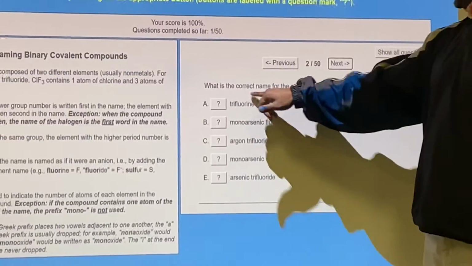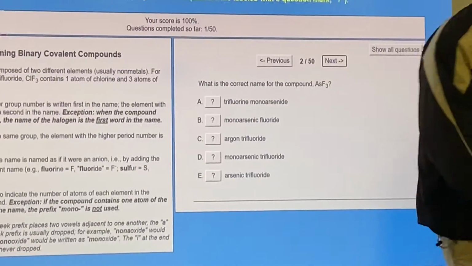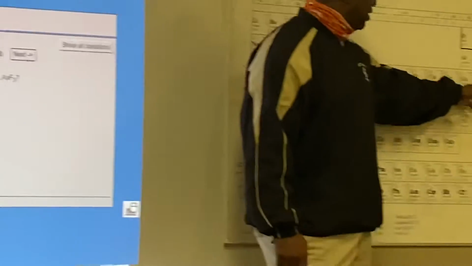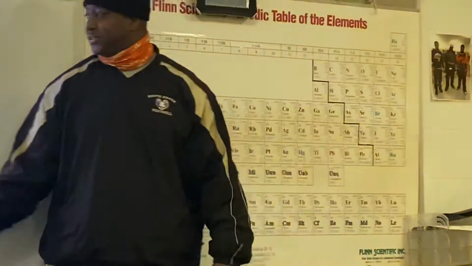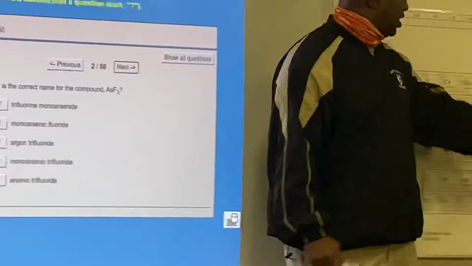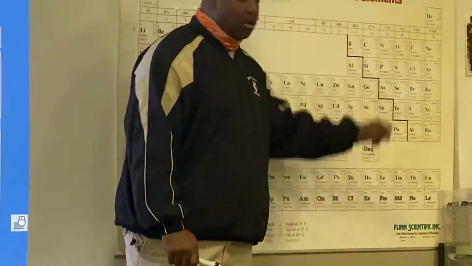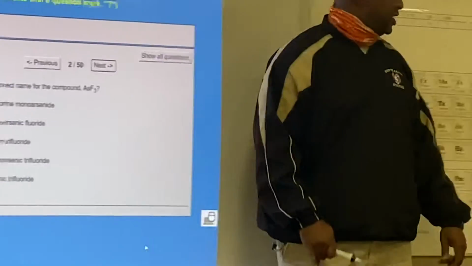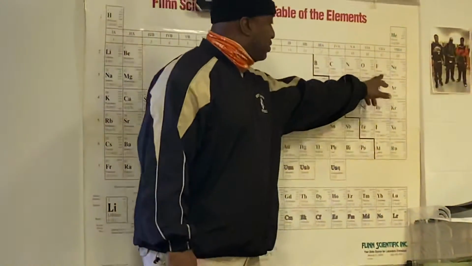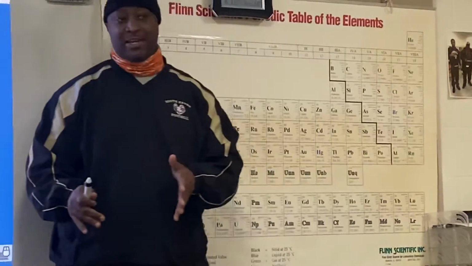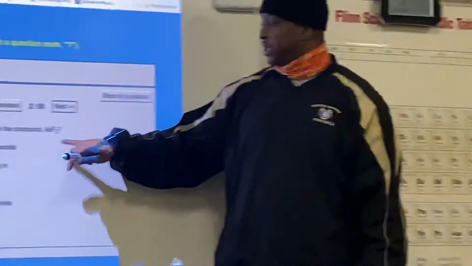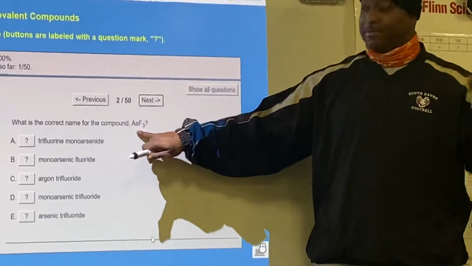So, what's the correct name for this? So we go to the periodic table over here. Arsenic is As. And F is fluorine, but remember it's the second one, so it's going to end in "ide." Well, how many arsenic atoms? There's one.